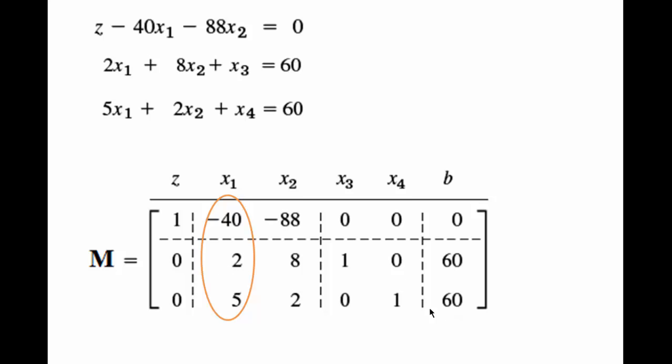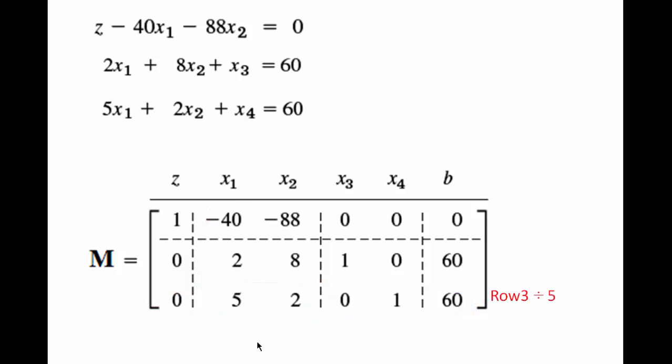And 60 divided by 5, and we get 12. So we're going to select the row that gives the minimum result, which is 60 divided by 5. Now the intersection of the column and the row is this element, which is called the pivot element.